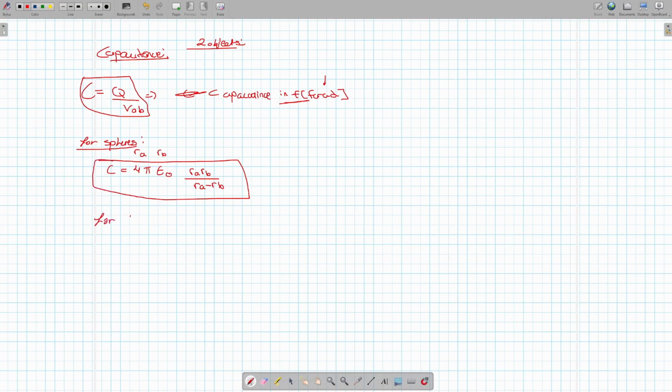For thin sheets, its capacitance is equal to charge potential over epsilon naught. Epsilon naught, like this. Or there's another formula for it, let me check it.